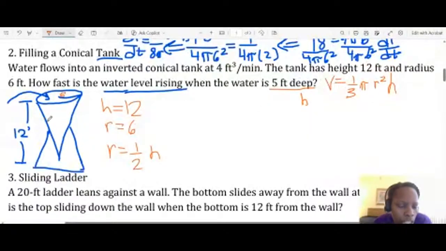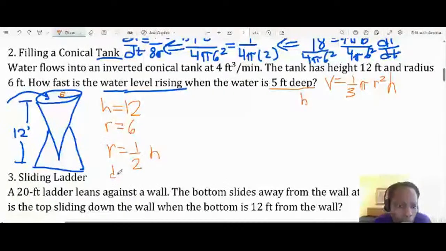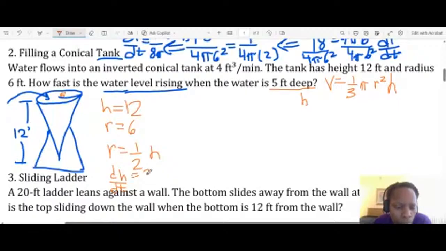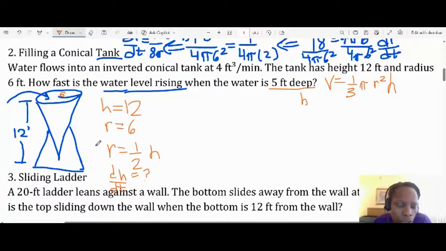So dh/dt is what we want to know. Let's solve for h instead. That means h is 2 times the radius.